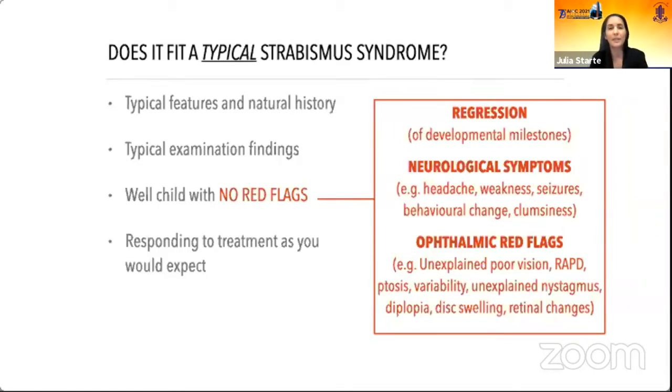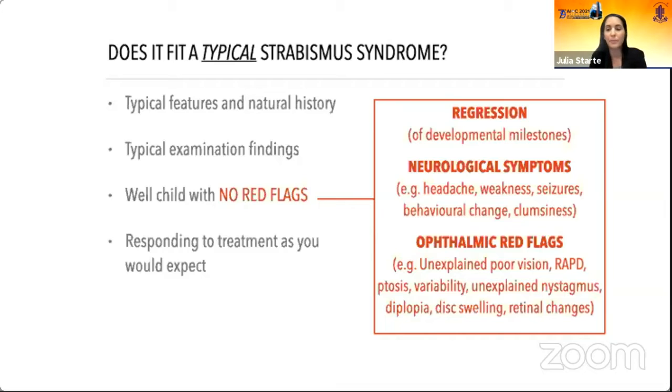And so it's important that that is being followed up, because often if it's not and a child is actually regressing or has neurological symptoms, they may not be graduating to the next age-appropriate test. And so you may think that their vision is stable, but actually there's unexplained poor vision there. So just an important point to keep in the back of your mind.